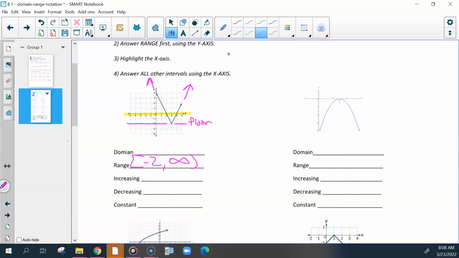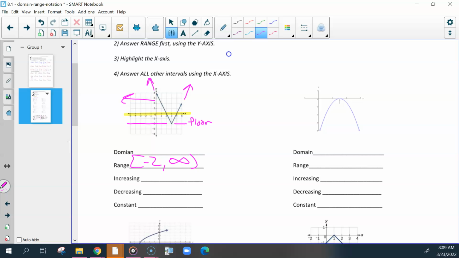Now for our domain, we're looking at our x values. Domain, I personally feel, is a little harder because you have to imagine what it's doing. You don't just see it. So you have arrows and you have to imagine that this is going up and out. If this keeps going up and out to the left, this is going to keep going left.